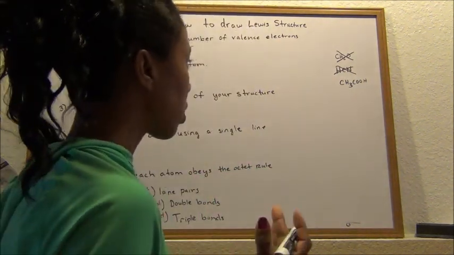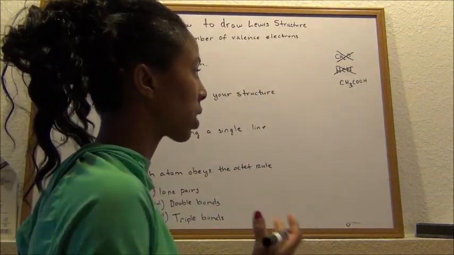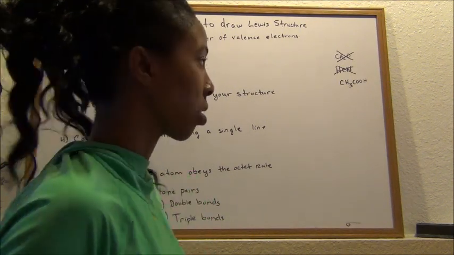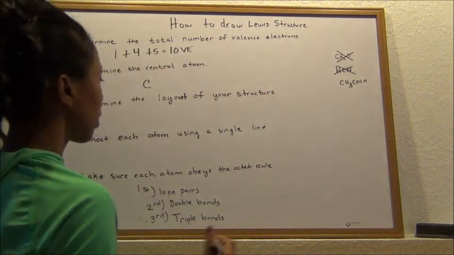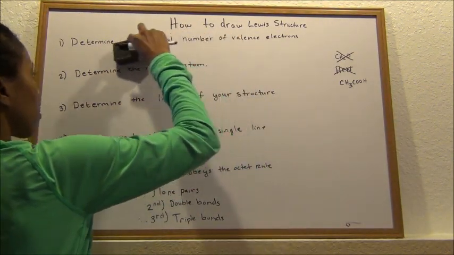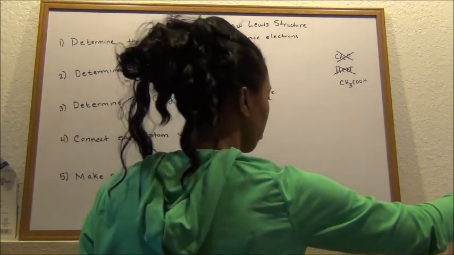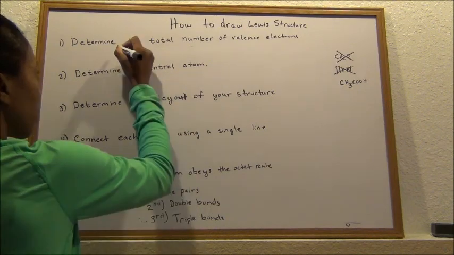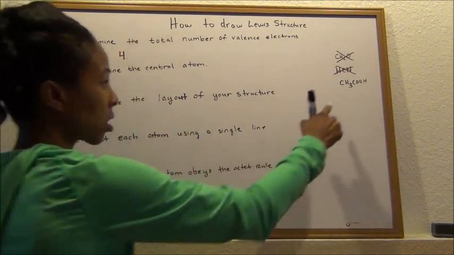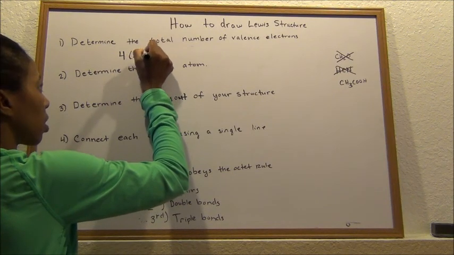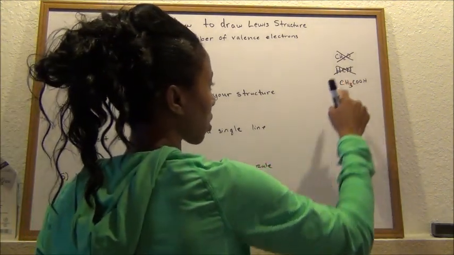So first, we're going to determine the total amount of valence electrons. So, carbon has 4 valence electrons, and we have 2 of them, so I'm going to multiply that times 2. We have oxygen.